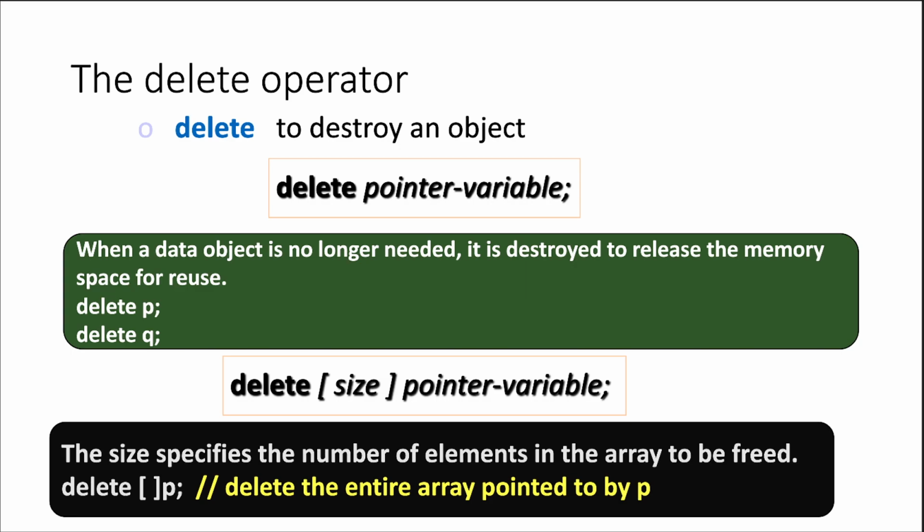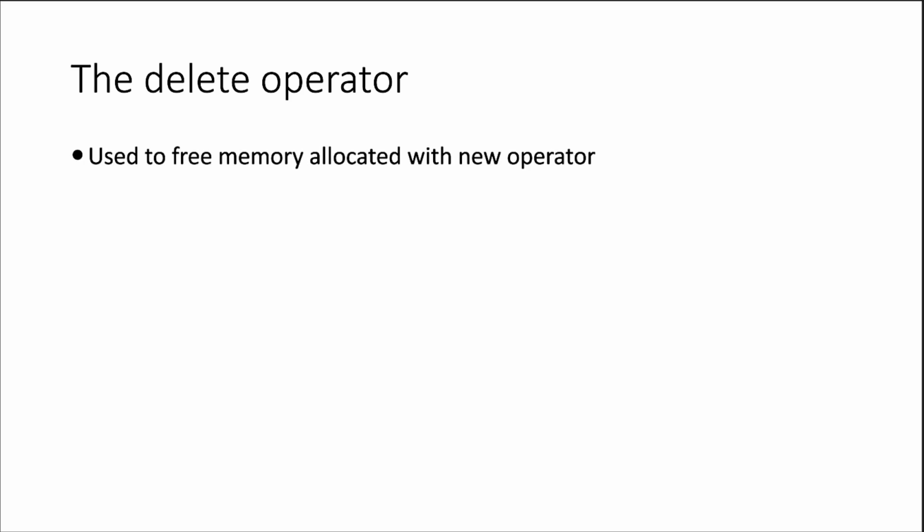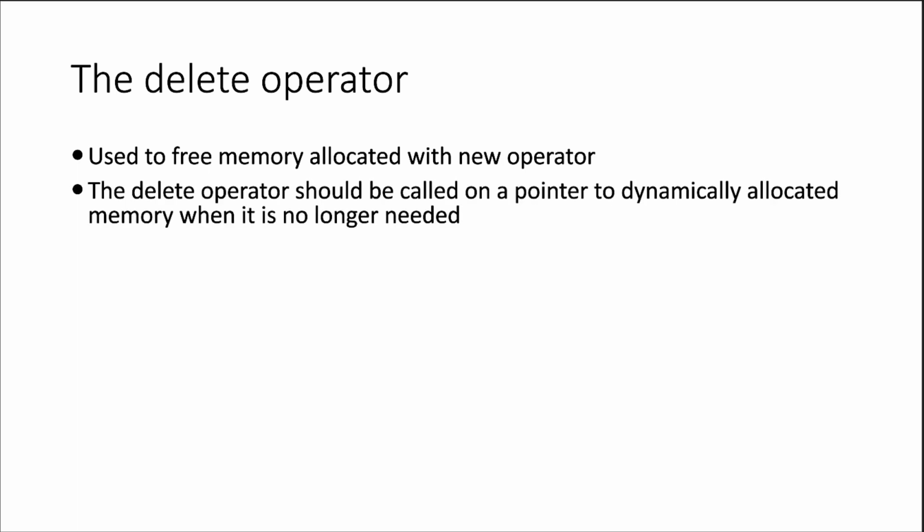This is how we can use the delete operator. What is the purpose of the delete operator? To free the memory allocated with new. Whenever you use new, you are supposed to follow it somewhere in your program with the delete operator. You cannot use only new. Why? What is the issue?